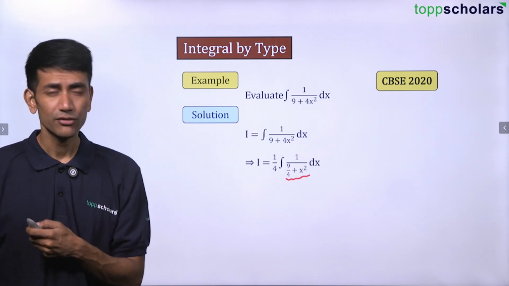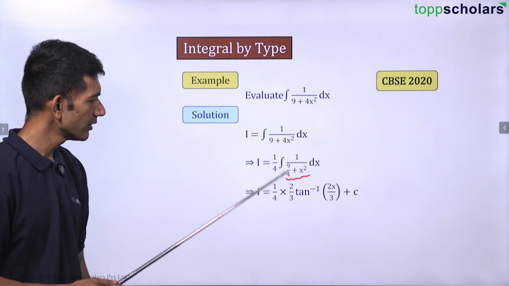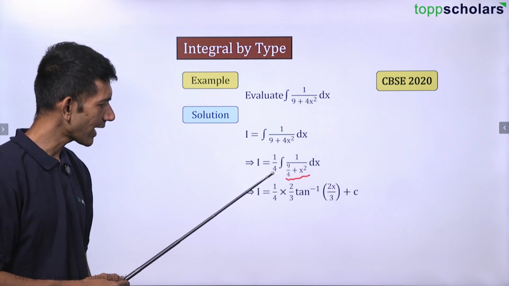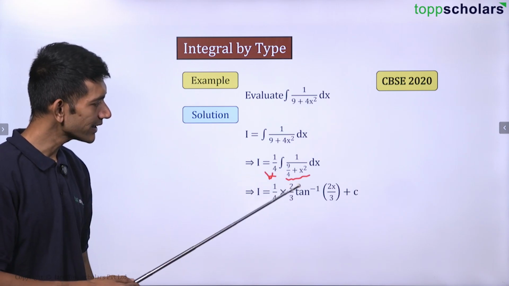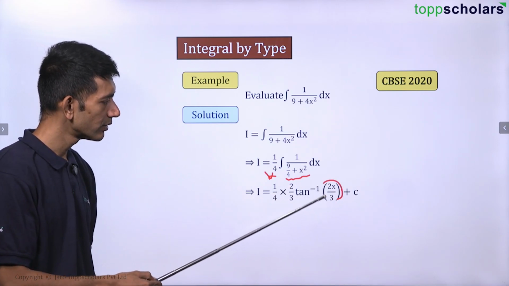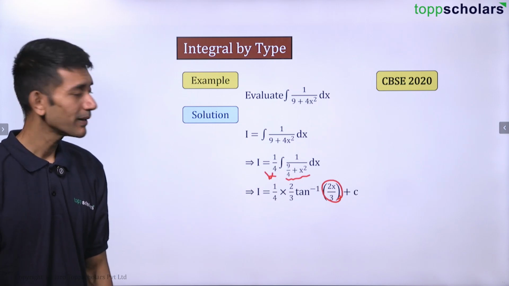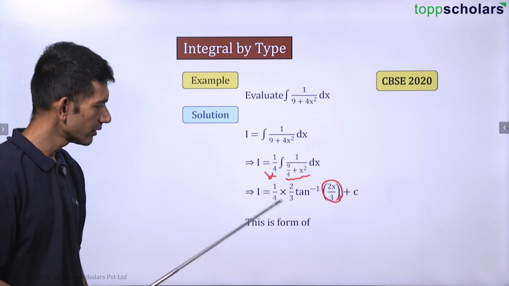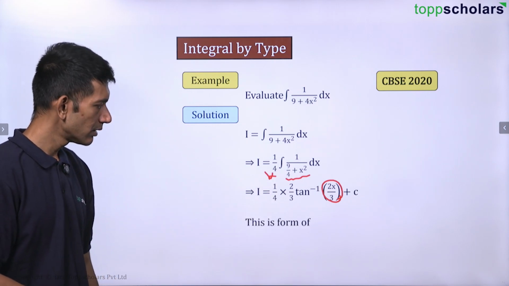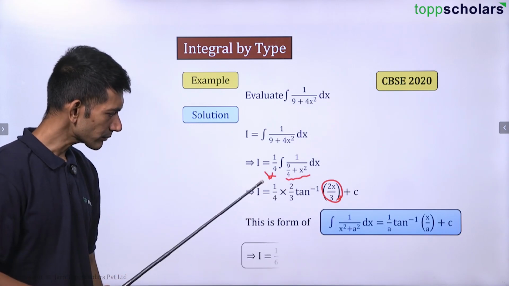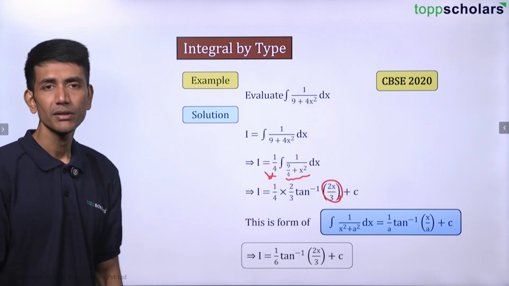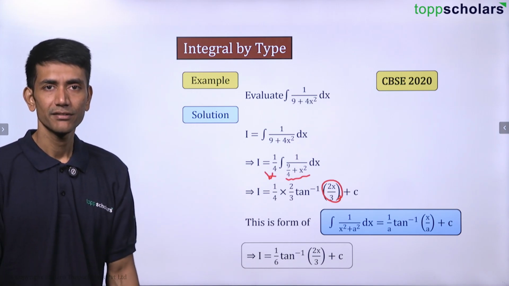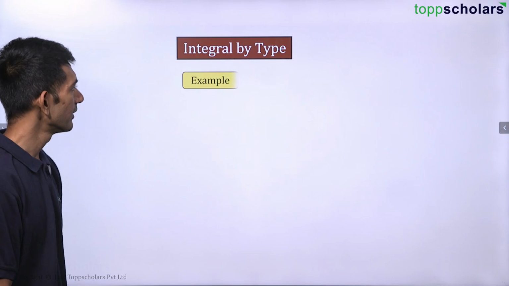That is a square plus x square. So this becomes 1 by 4 as it is, multiplied by 2 by 3 into tan inverse of x by a plus c, that is 2x by 3 plus c. And then you can continue solving this. That becomes 1 by 6 tan inverse 2x by 3 plus c. That's it. Very simple. Okay, let's continue.